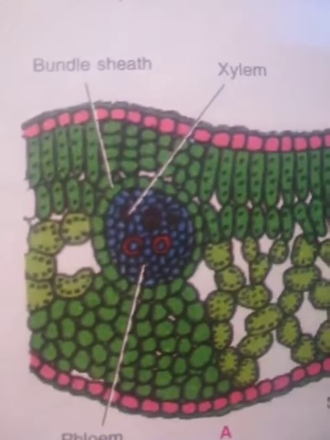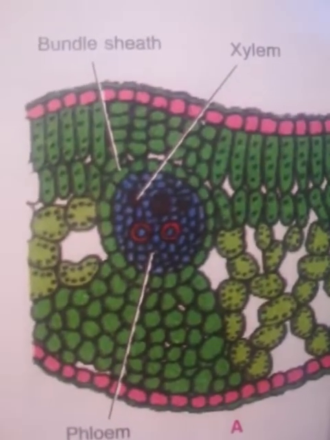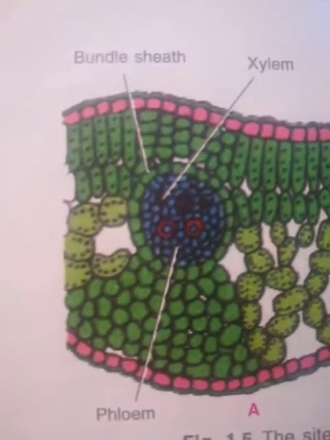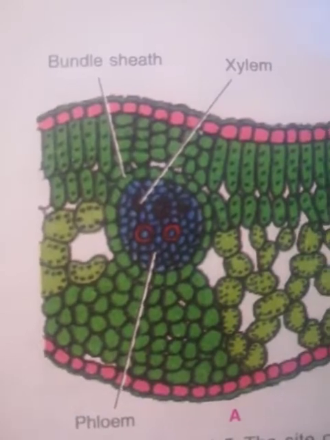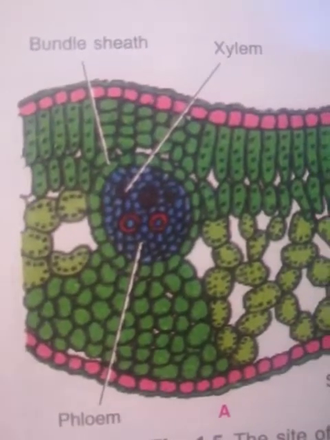Vascular bundle, there is bundle sheath, xylem and phloem.